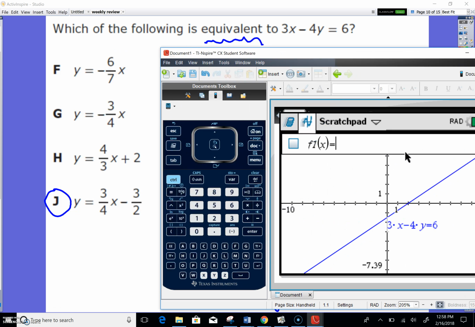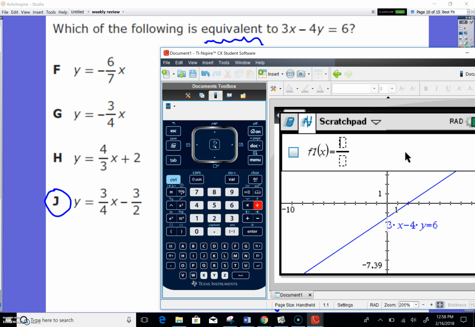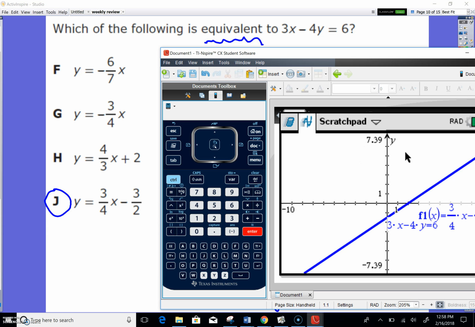Okay, so it's 3 over 4x minus 3/2. You see how both of them are the same? That's how you know that they are correct.